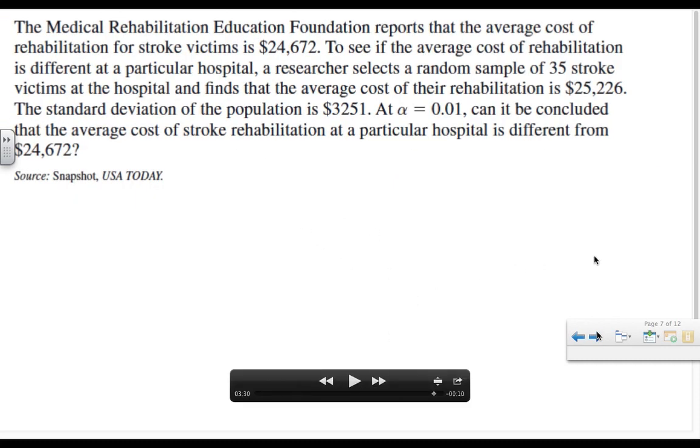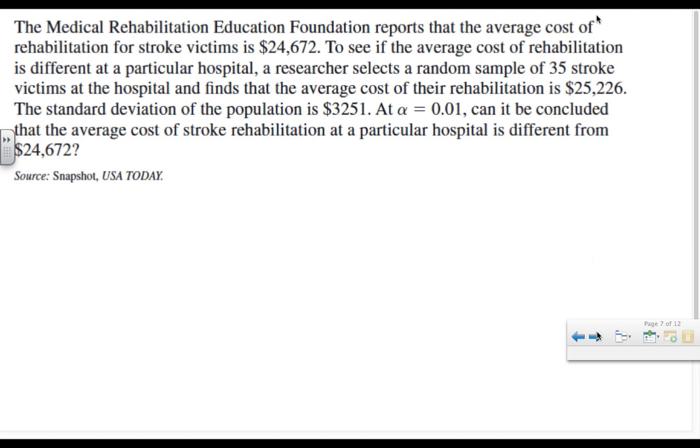Now, here is your practice problem. It says a medical rehabilitation education foundation reports that the average cost of rehabilitation for stroke victims is $24,672. To see if the average cost of rehabilitation is different at a particular hospital, the researcher selects a random sample of 35 stroke victims at the hospital.